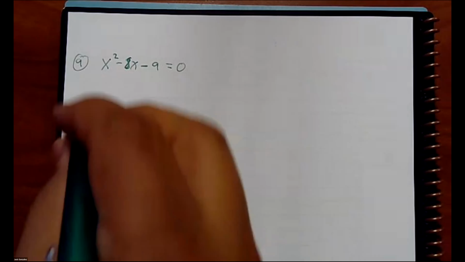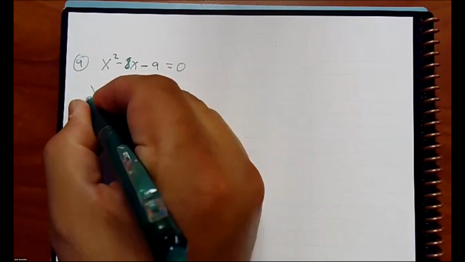So basically what you're trying to do is find a special number that I can add to both sides in order to complete this square.